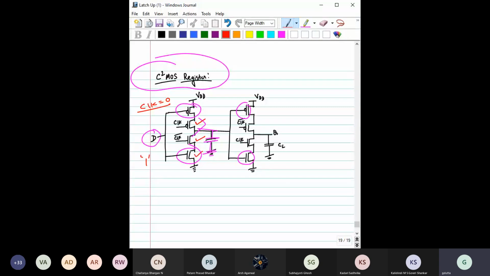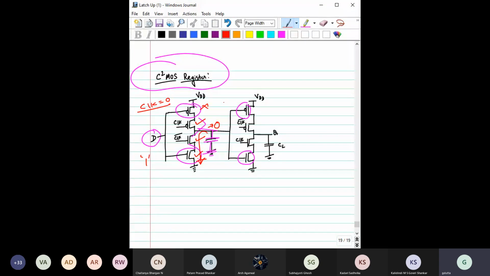You can see this capacitor has a path through which it can discharge. So this capacitor will discharge and its voltage becomes 0. Is there any path by which the capacitor can also charge? No. D is equal to 1, so this transistor is off. So there is no path for this capacitor to charge, and this value will be 0 only.